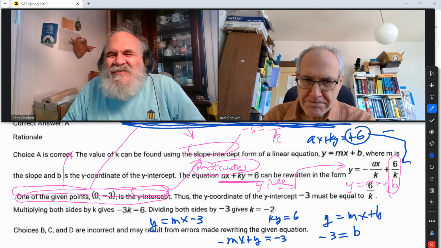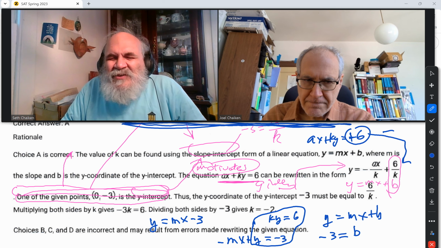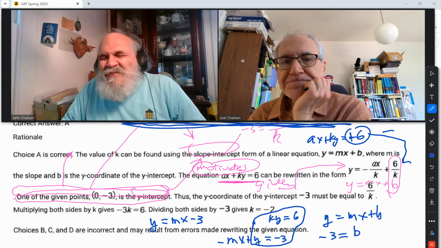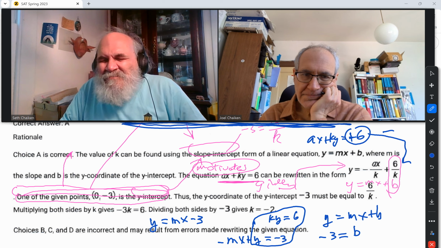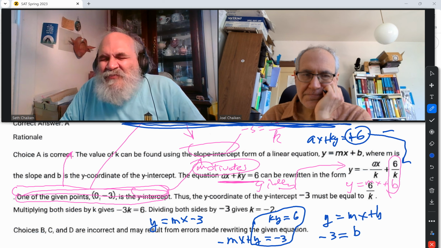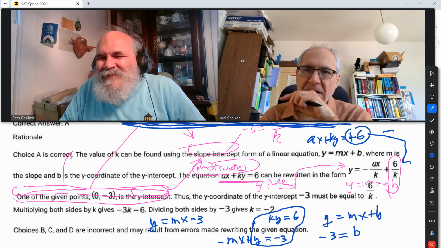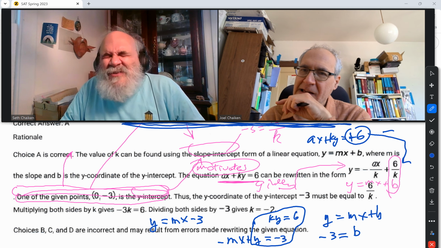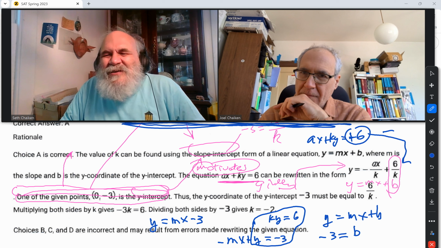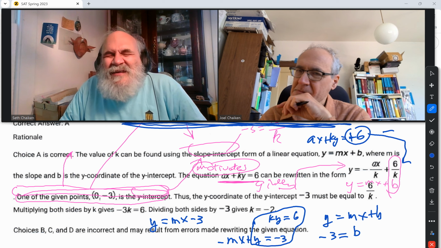So it led me to think it's teaching the reader, it's informing the reader that whenever you see an equation that's not in slope-intercept form, change it to slope-intercept form. Right. Which is not a good idea.